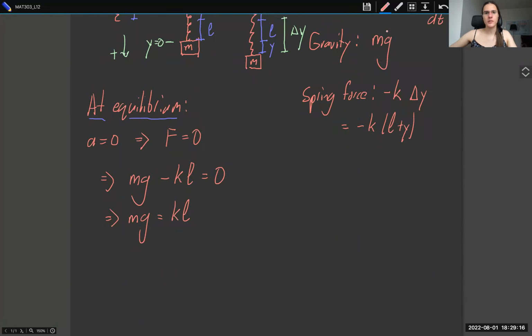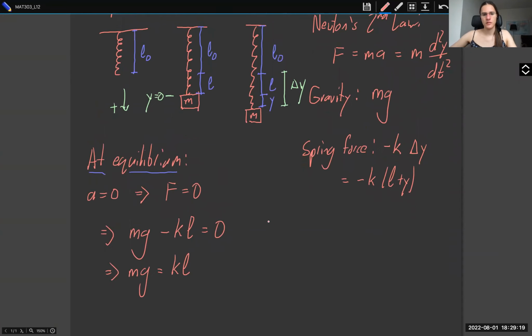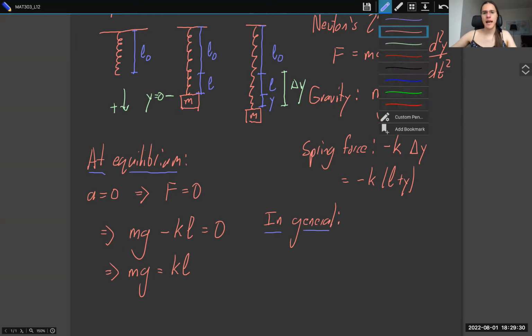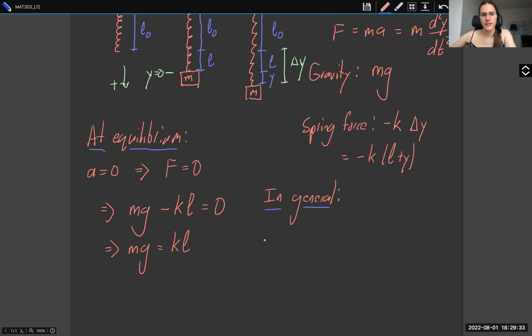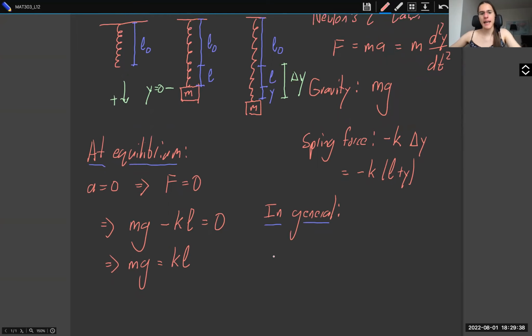Now, in general, we have that force, rather, ma is equal to the sum of the forces.